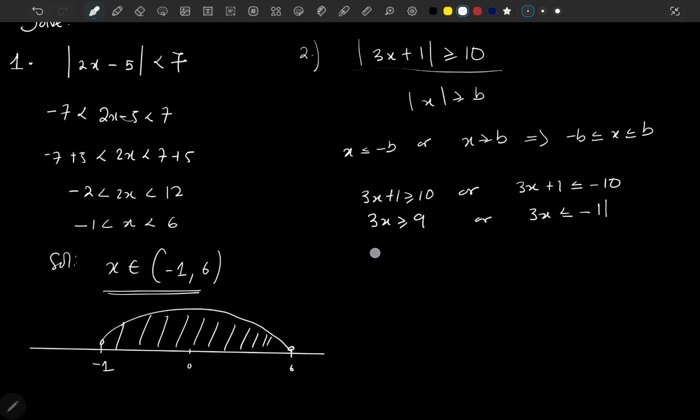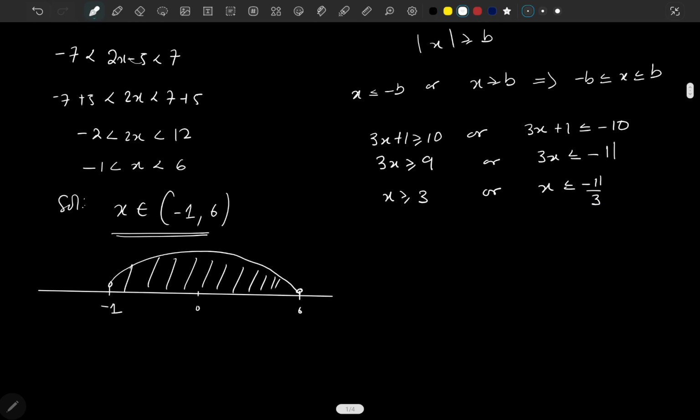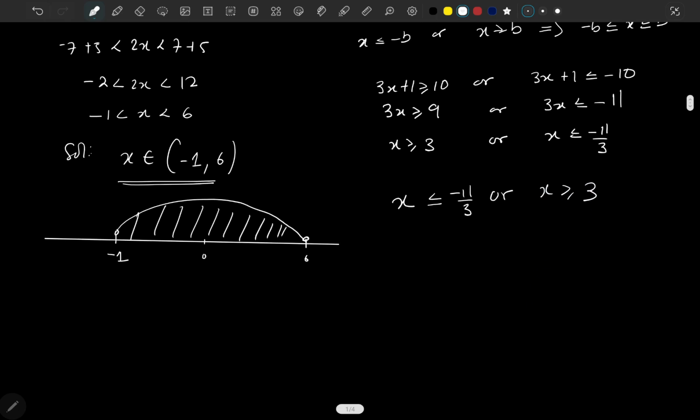Then divide throughout by 3, and you have x greater than or equal to 3, or x less than or equal to negative 11 over 3.